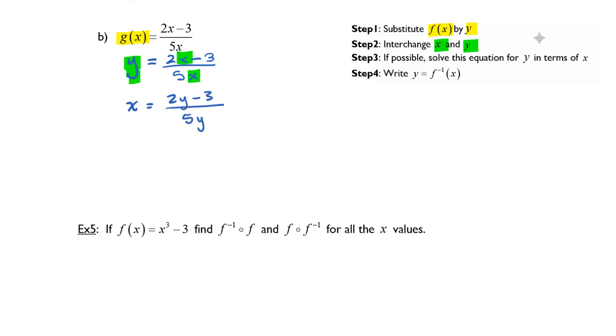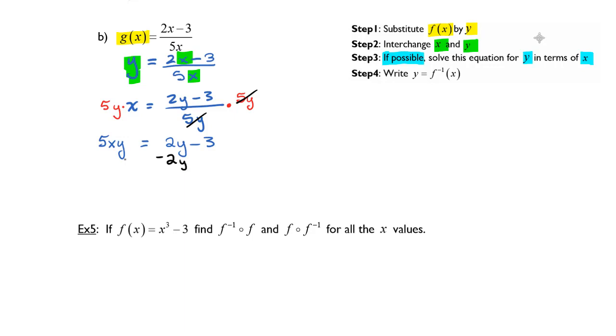Next, I need to, if possible, solve the equation for y in terms of x. My first step will be to clear the fraction with 5y in the denominator. When I do that, my 5y's in the numerator and denominator reduce. And I'm left with 5xy equals 2y minus 3.